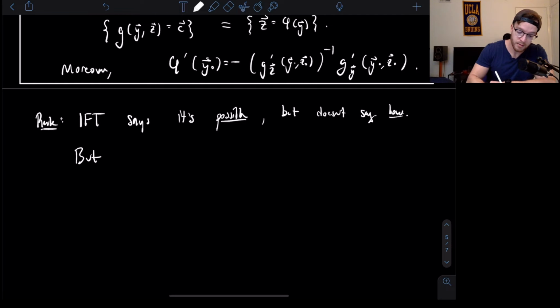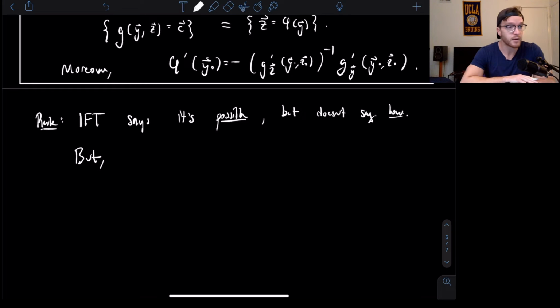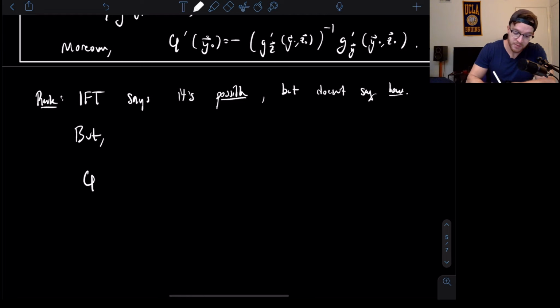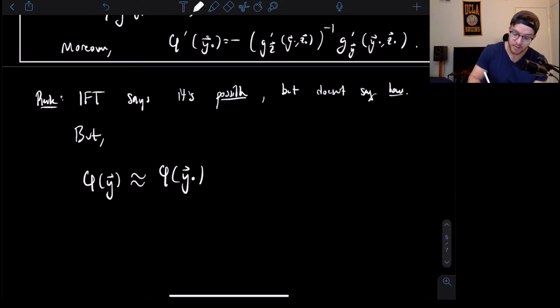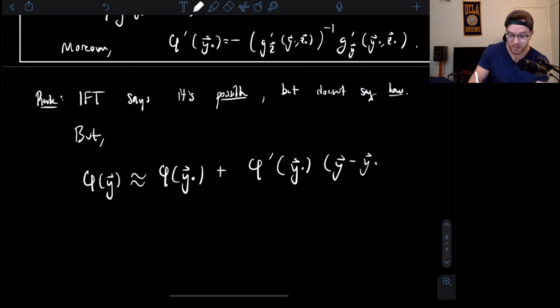But what we could do is, I'll say it this way. So phi of y, if it exists, again, I don't know what it is, but using this derivative, using this order 1 approximation, I could say, well, this is approximately going to be, I'll start at y0 plus the Jacobian at y0 times vector y minus vector y0.